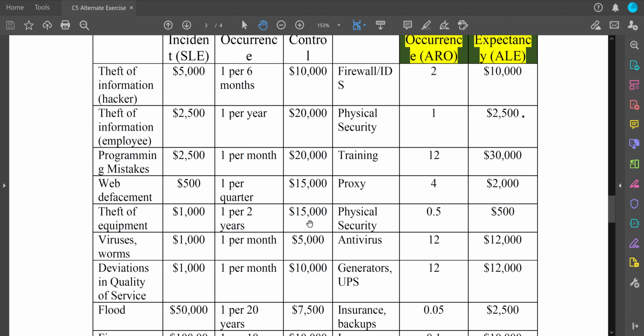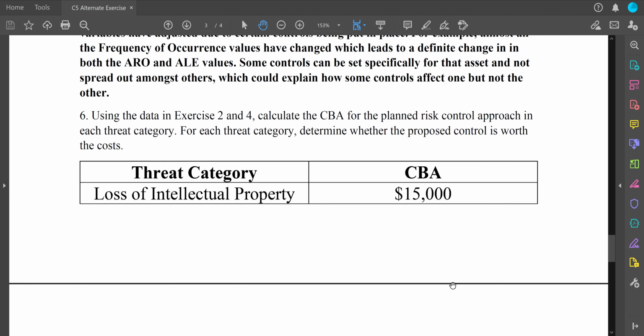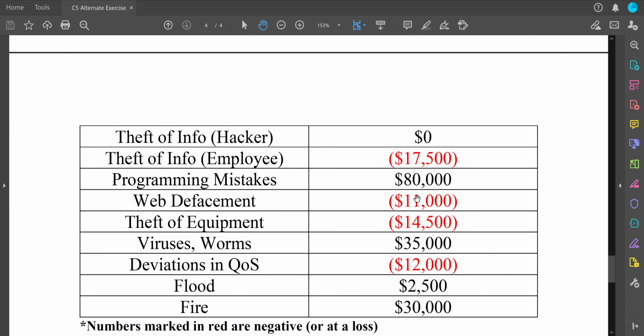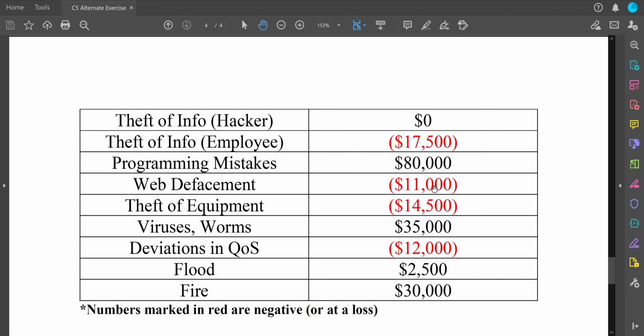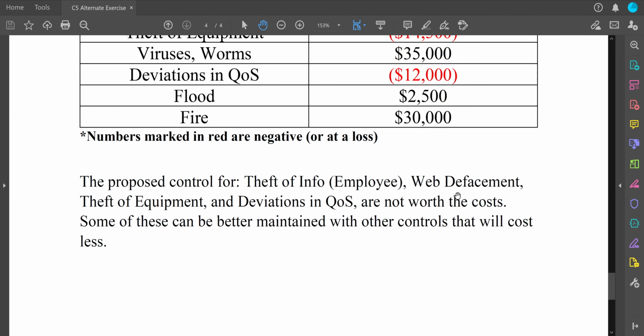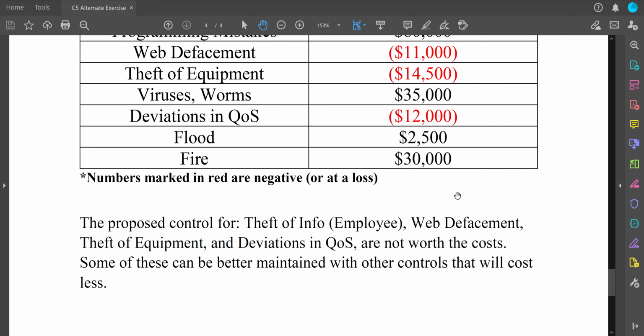You can get negative numbers, which means that the company is operating at a loss, which is a bad thing. And you'll mention that after finding the CBA, because some of the CBAs that you find for each threat category end up being negative, and these numbers that are red were the ones that came up negative. So yeah, after doing that, that's pretty much it.